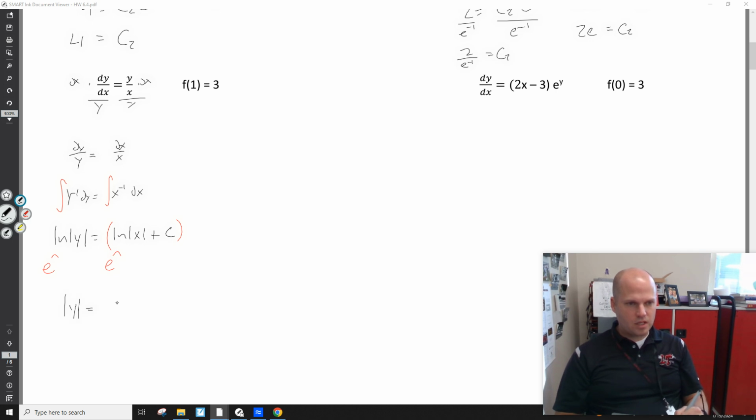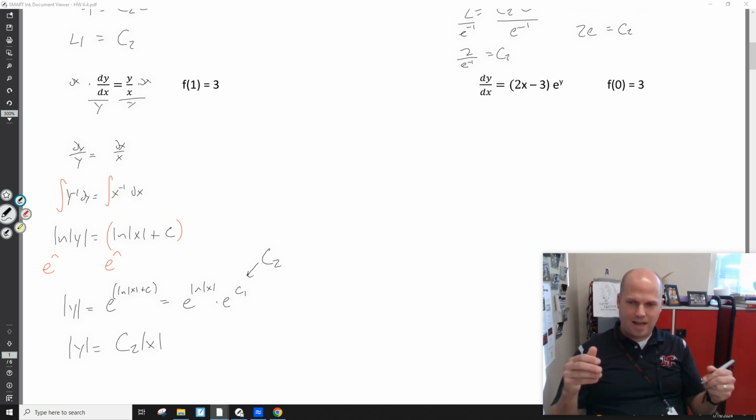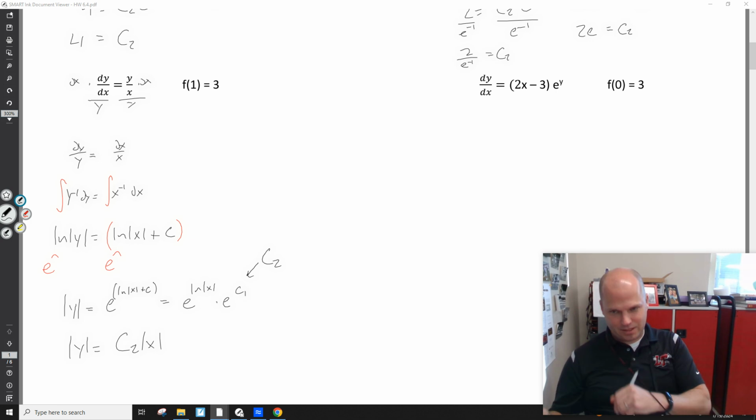So this becomes e to the log absolute x plus c, which I rewrite using exponent rules, reversed, as e to the log x times e to the c. E to the c1 becomes a c2. E to the natural log of absolute x becomes absolute x. So this becomes c2 times absolute x. It's not absolute x plus c2.